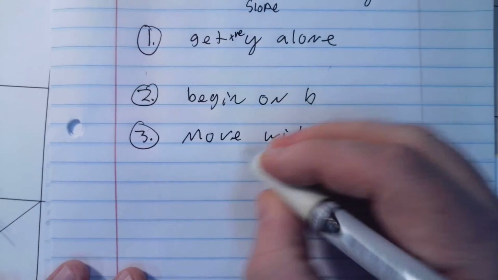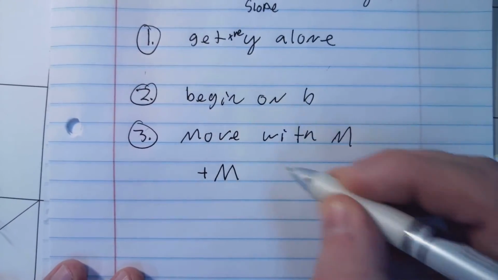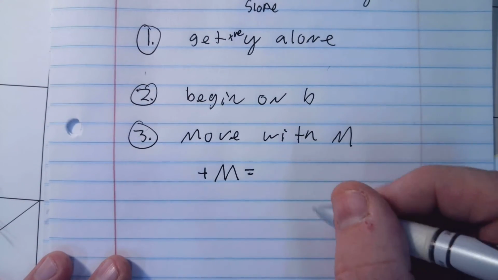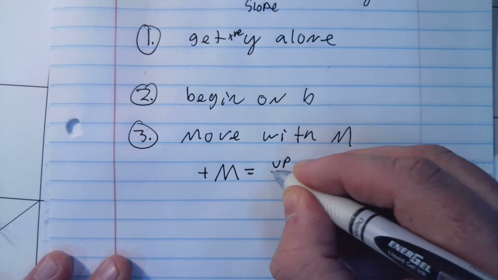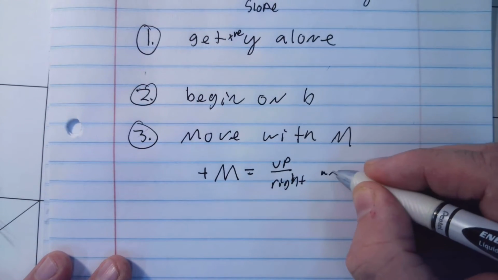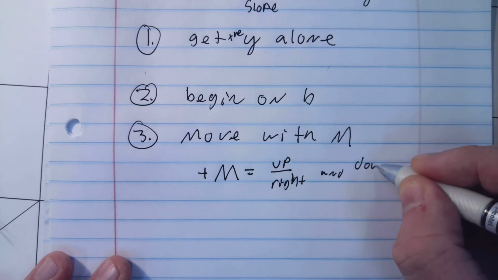Okay, and this is how we're going to move with m. We're going to do both things. If m is positive, we are going to go up, right, and we're going to go down, left.